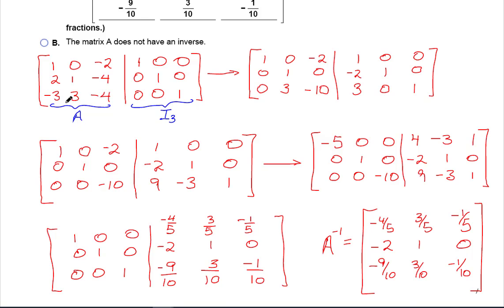And so I'm going to do row operations until I get the identity on the left. Alright, I have a 1. I can use the 1 to make some zeros. So did that. I have a 1 in this position. I already have a 0 above it. Make a 0 under it.